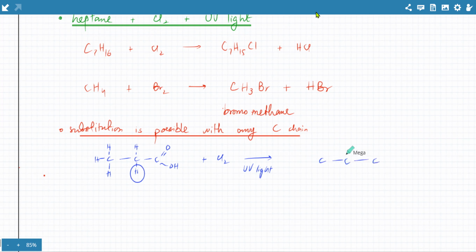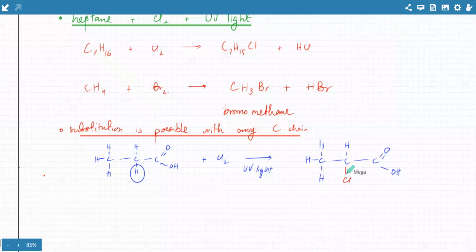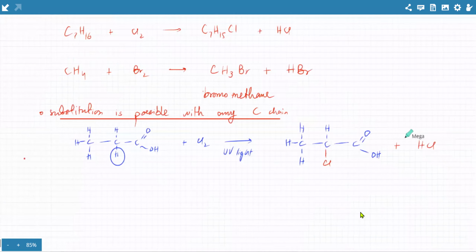उसकी जगह Cl आ जाएगा. And over here there's going to be Cl in its place. और वो जो H हटा है उससे that would form HCl. ठीक है, is this part clear?